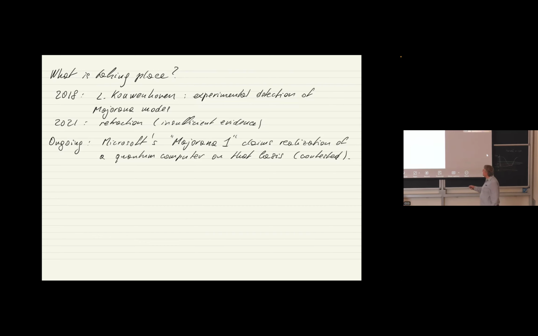But Microsoft still bets on the technology, and now they have a machine they call Majorana 1, and they claim the realization of a quantum computer on that basis. If you follow the internet and YouTube, it's heavily contested. But we had at ETH a person from this collaboration who showed the results of that. They're quite impressive if you hear them.